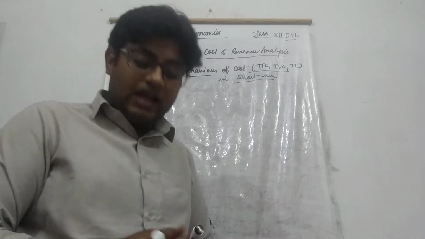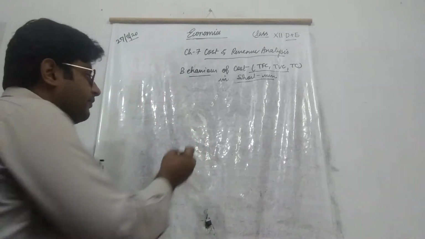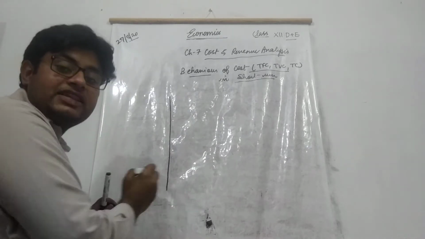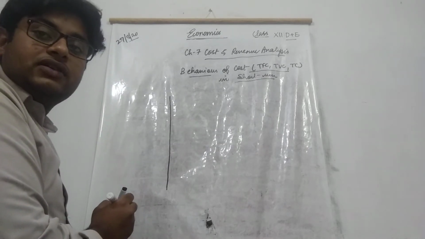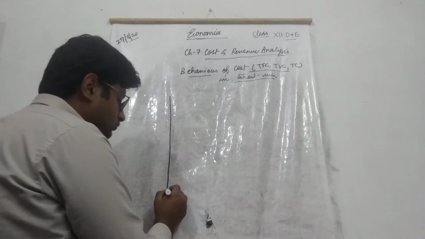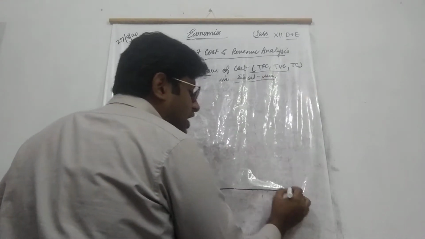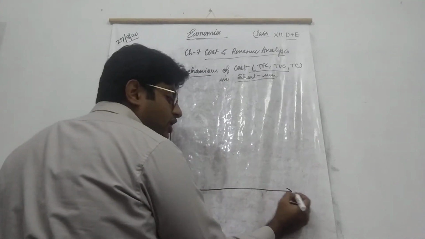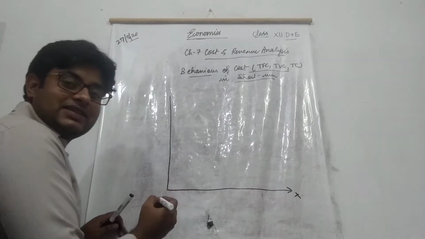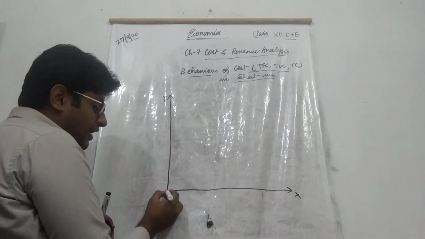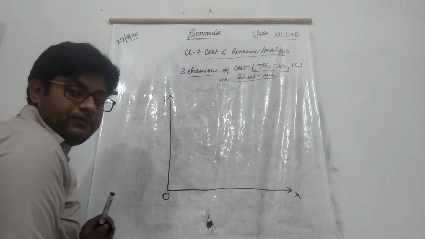So first of all, I will draw the base of the diagram, the axis. Draw it simultaneously, everyone. Use your hands. That's why I draw the diagram slowly so that you can follow. Okay, this horizontal line is your x-axis, this vertical line is your y-axis, and this point is your origin.